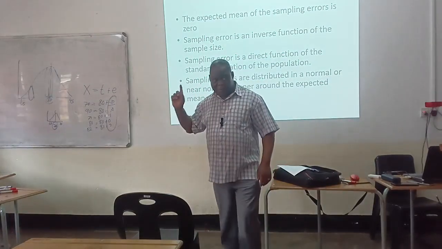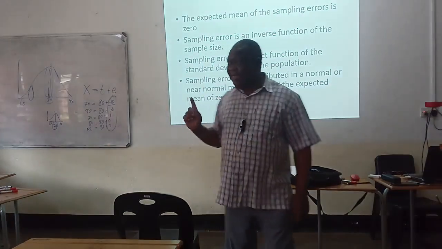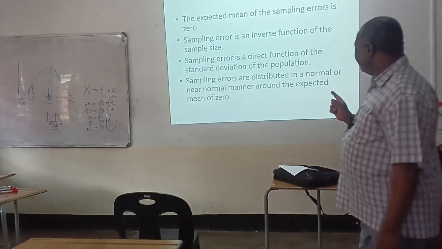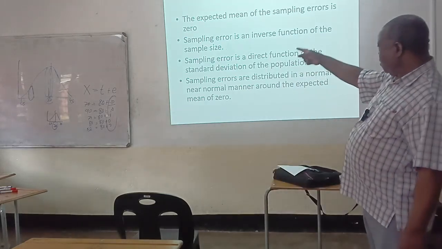The predictable behaviors that sampling errors have are those four.